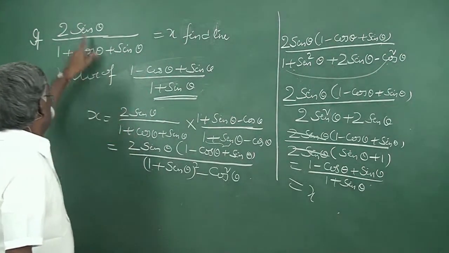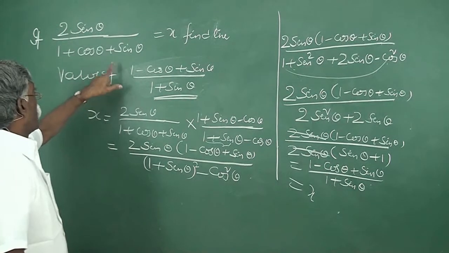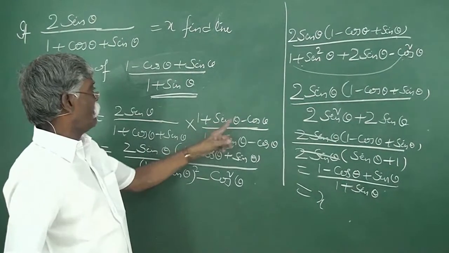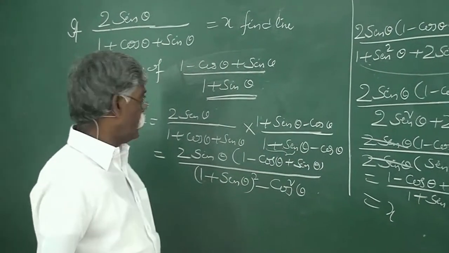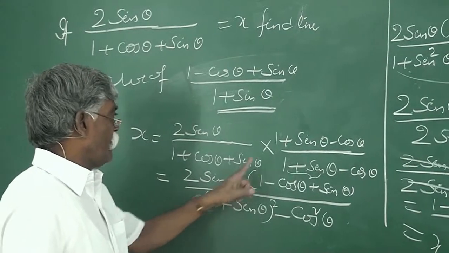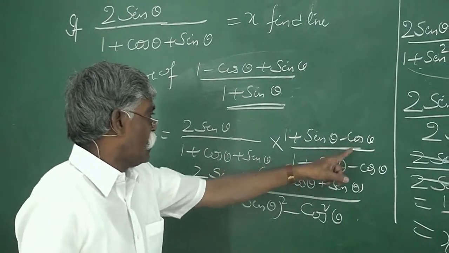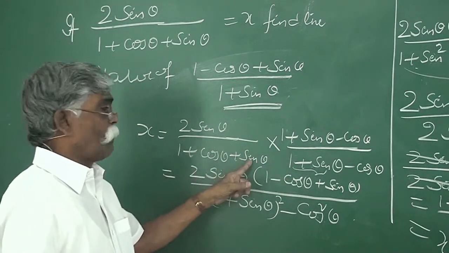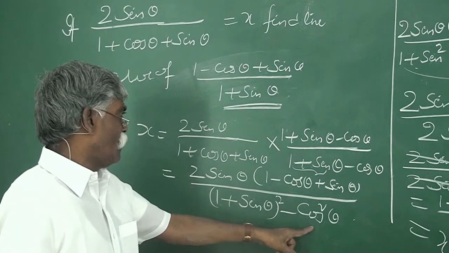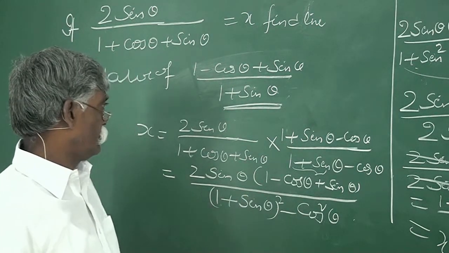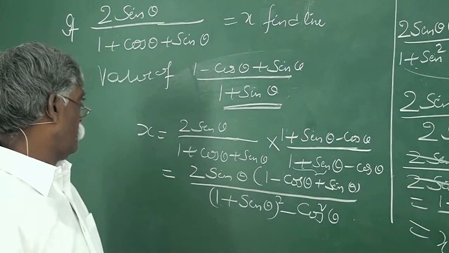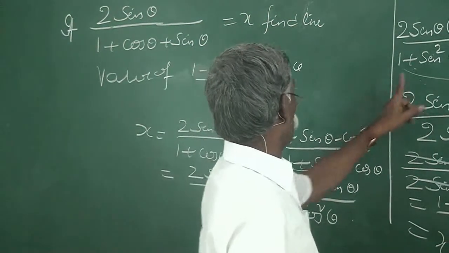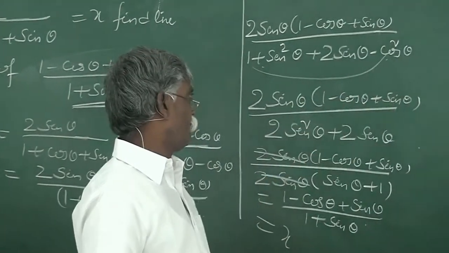So this is given, and because 1 minus cos plus sin is asked, we have multiplied by 1 plus sin minus cos in the numerator and denominator. Therefore, this is 2 sin theta into 1 plus sin theta minus cos theta. And in the denominator, when we have multiplied, 1 plus sin theta whole square minus cos square. Now, after expansion, this is 1 plus sin square plus 2 sin minus cos square.